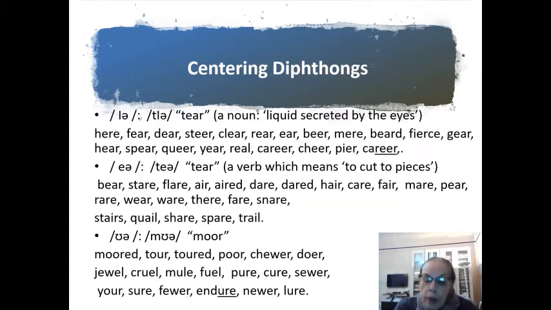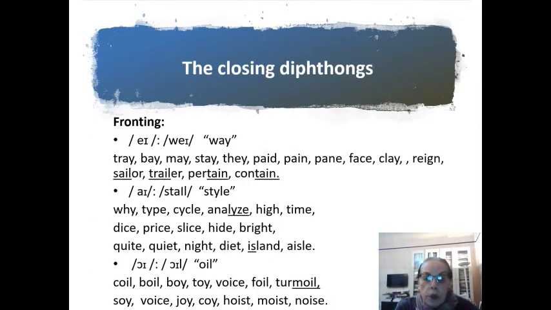All right, now we move on to the closing diphthongs. There are two types of closing diphthongs. Fronting ones, زي way, وفي I زي style, وفي oil زي oil. They are fronting لأنهم they end up in the front of the grid.